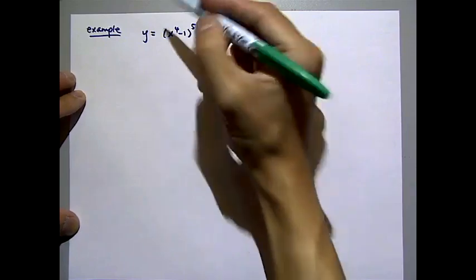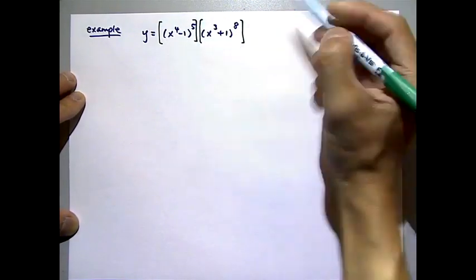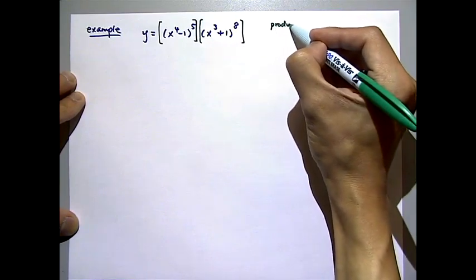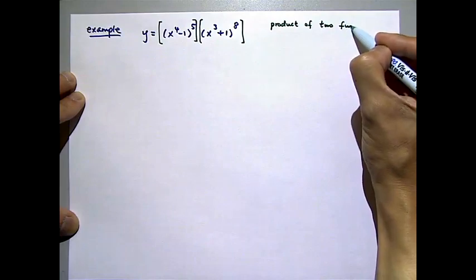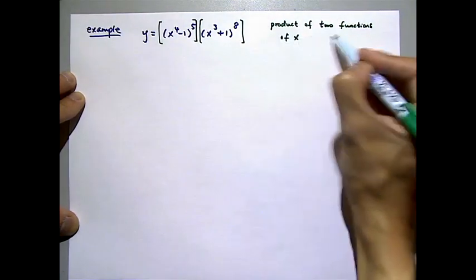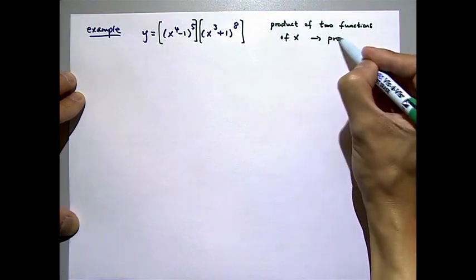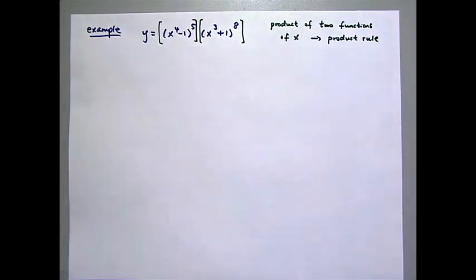The first thing you got to realize was that we have a product of two things involving x. So we got to start with a product rule. Anytime you got stuff multiplied together, product rule is the safe way to go.